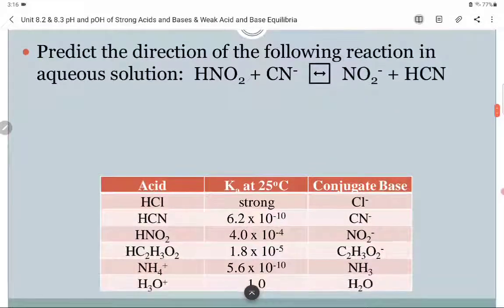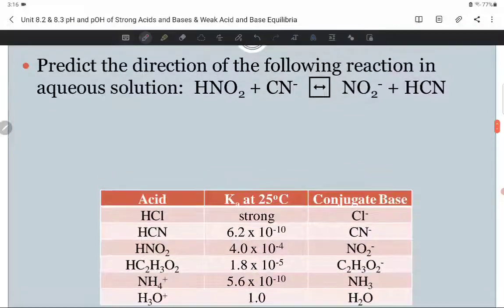So we're going to use that exact same idea to figure out, does this reaction go more left to right or more right to left? And whichever of these acids has a greater Ka value, that would be indicative of which direction this goes more towards.